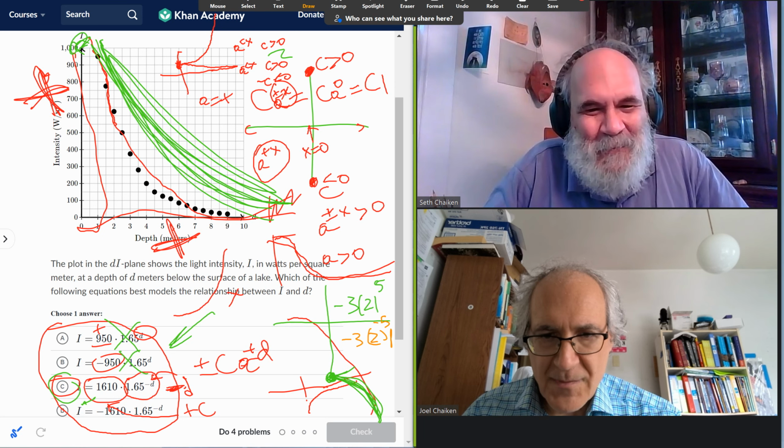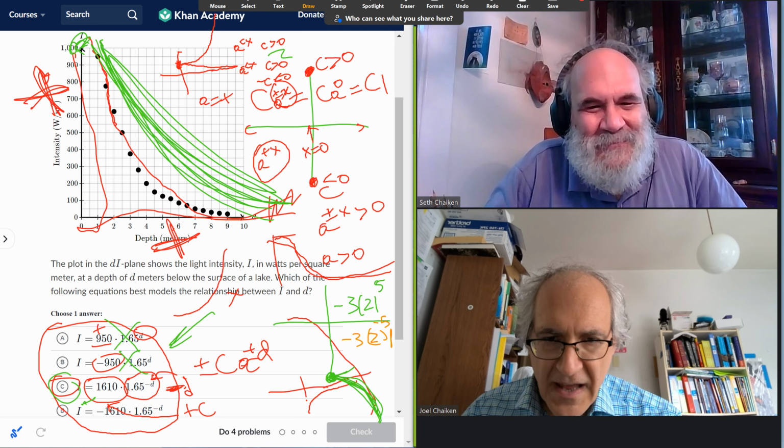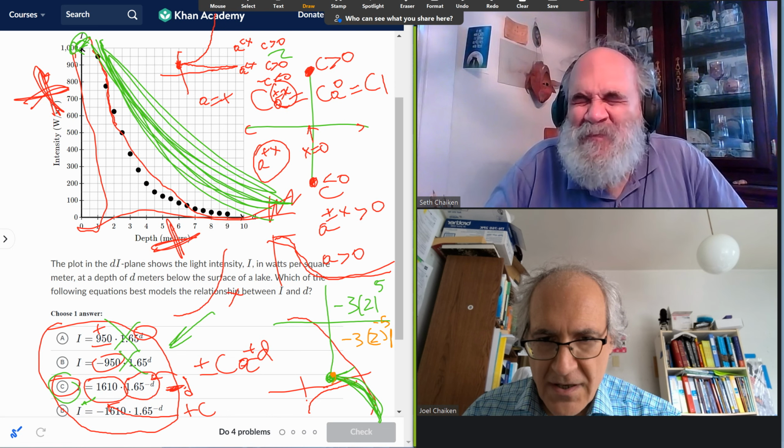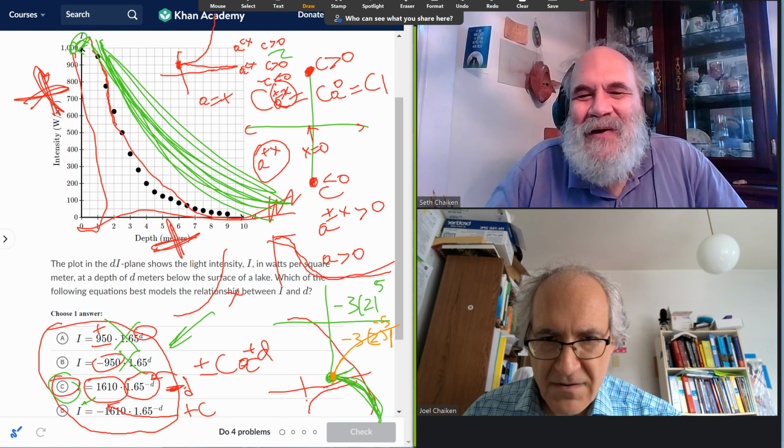This number gets small in absolute value. So this one becomes here and goes like this, and it goes like that.